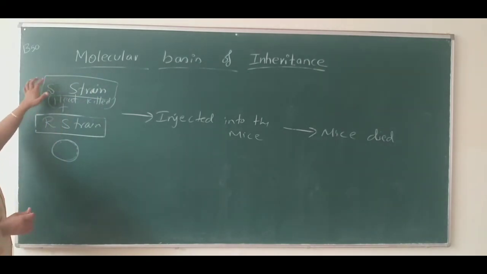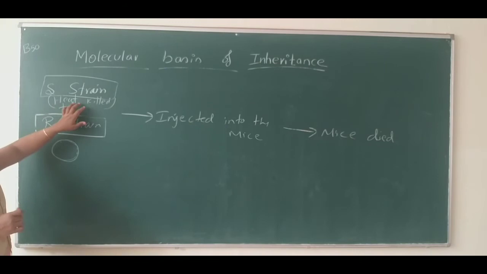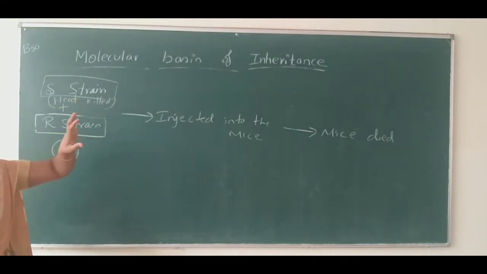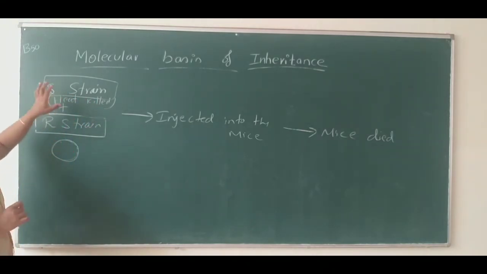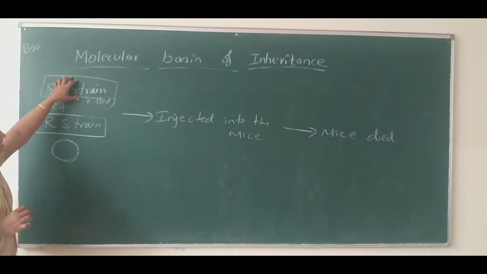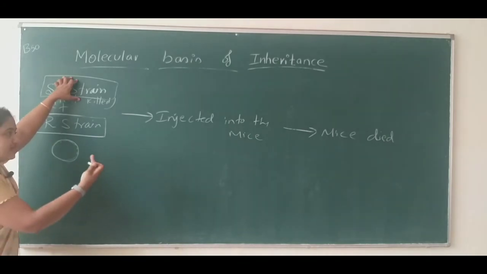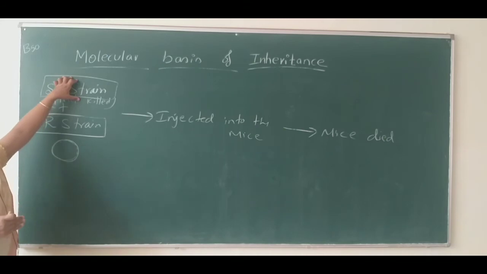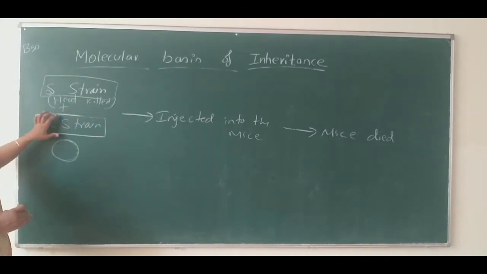Okay, so if you consider that it is already heat killed and not in active form, the genetic material will be as it is, and that genetic material is transformed. Transforming means uptaking and incorporating. It is uptaken from the S strain and incorporated into the R strain.